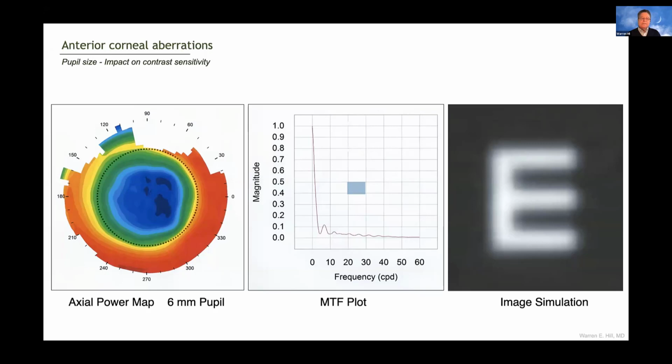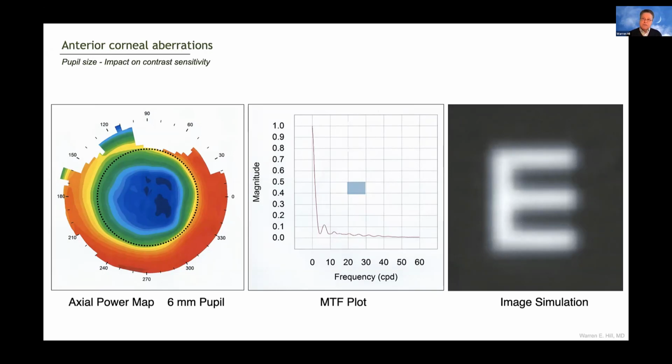So if we look at a 6mm pupil, you can see that the ability of the patient to see at higher spatial frequencies drops off very quickly. And that little gray-blue area in the center is what we call the happy zone. It's about 45% contrast and 20 to 30 cycles per degree. This is normal visual function.